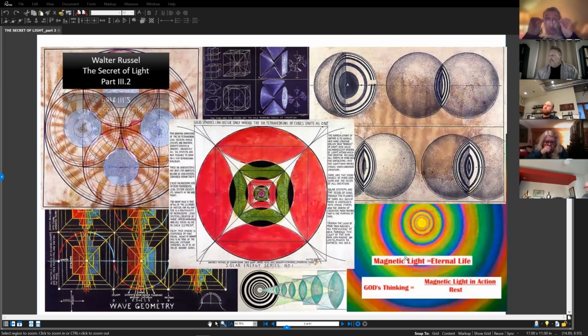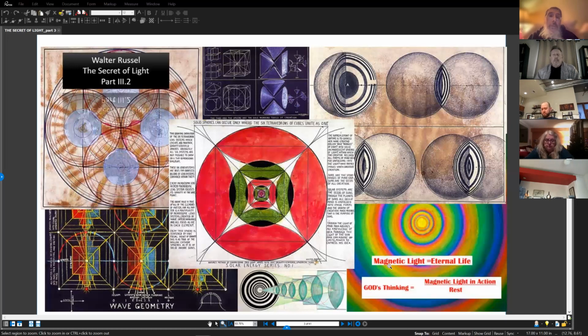One thing I found when watching one of the videos on the philosophy.org website was that magnetic light equals eternal life. So once we return to source, the idea of death is really man's idea. It's not natural. We never die, we just change based on the waveform that we're in.